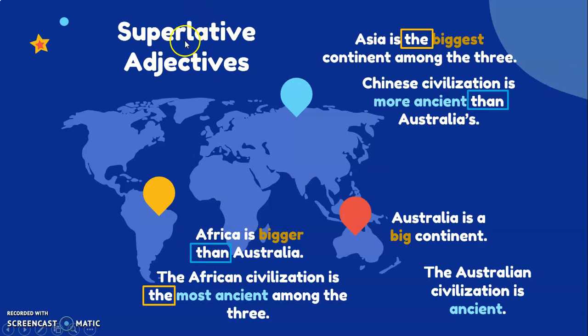And in the case of superlative adjectives, we need to add the word the, okay? Asia is the biggest. The African civilization is the most ancient. Okay? So we always add the word the or the word than. See, different colors. So we need to think about whether we're comparing 2 things, then blue. 3 things, then the yellow box.